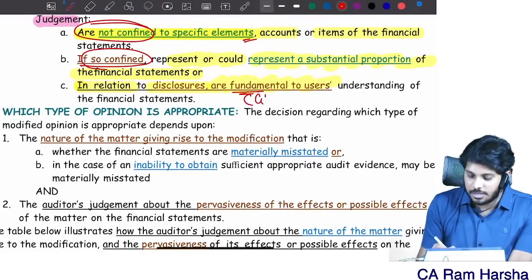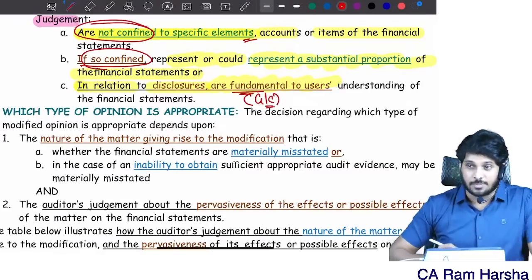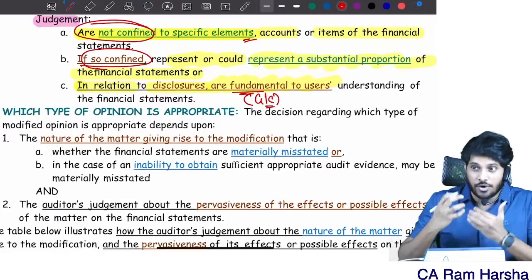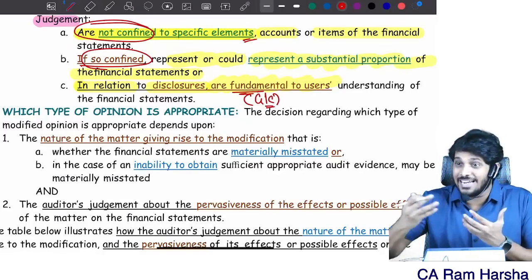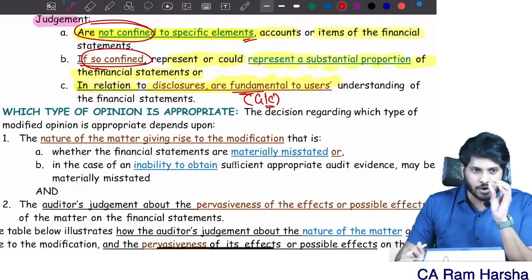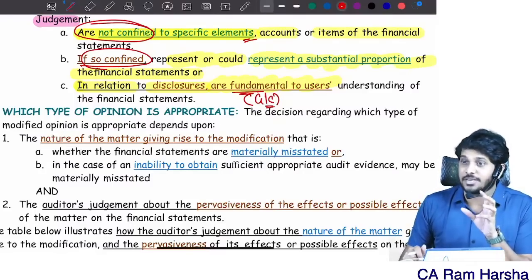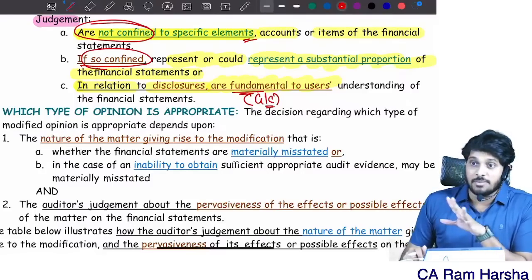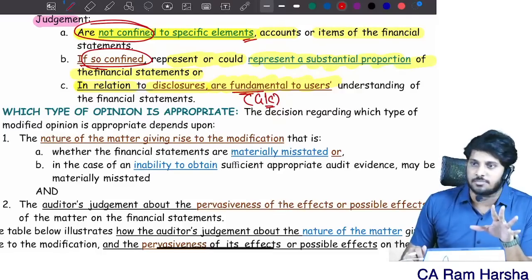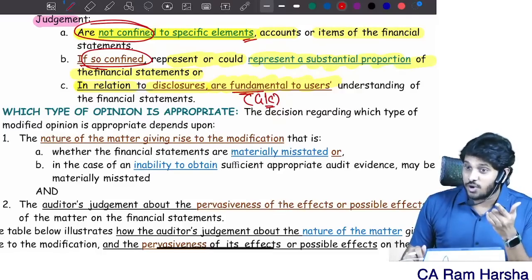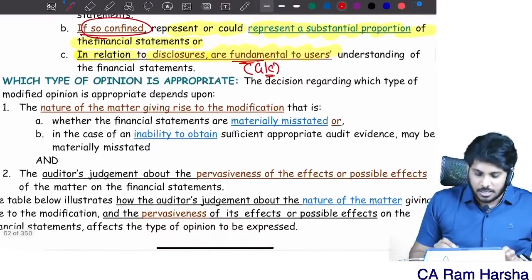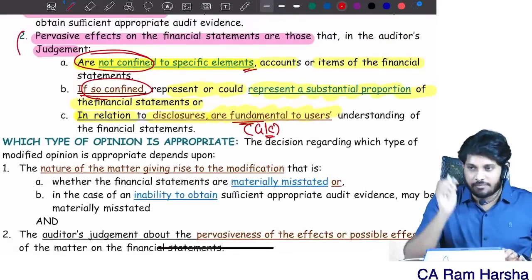One of the fundamental disclosures is what? Going concern. Suppose the company gave misleading information related to going concern. Suppose the company is not giving the going concern information correctly, not giving the picture of going concern in a proper manner, we call that also as what? Pervasive.